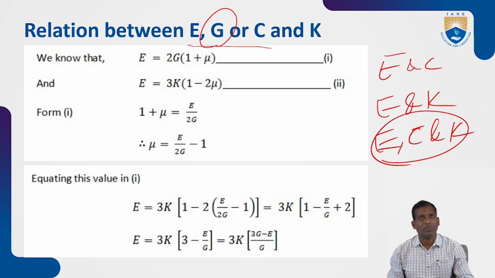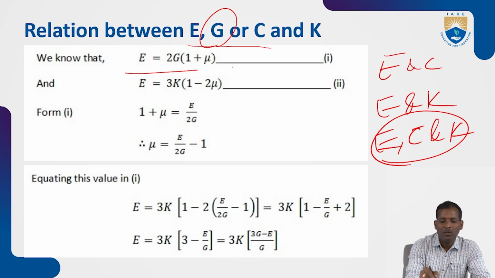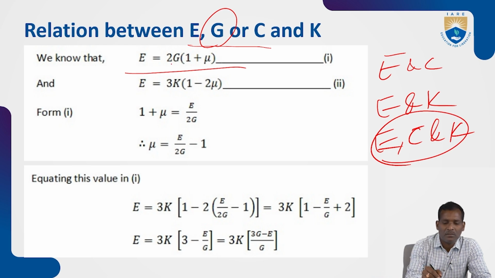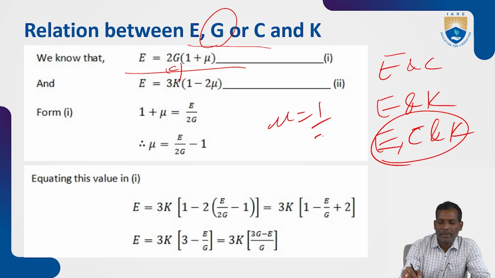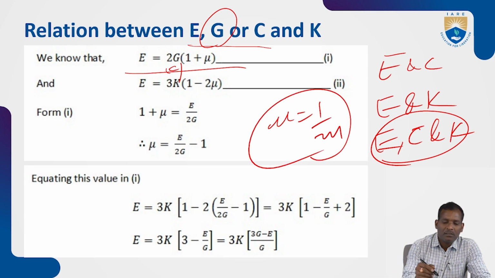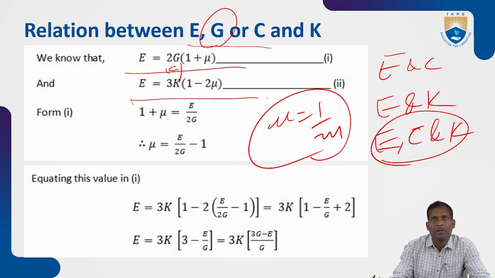We know the first equation: E is equal to 2G into 1 plus mu, so 2G or 2C, where mu is equal to 1 by M. And another equation, the relation between E and K: E is equal to 3K into 1 minus 2 mu.